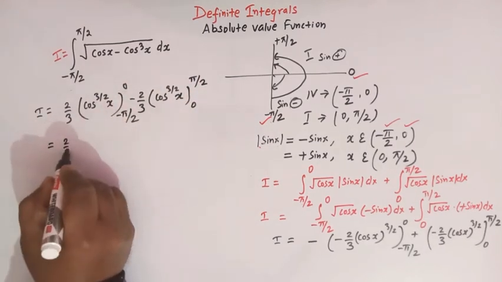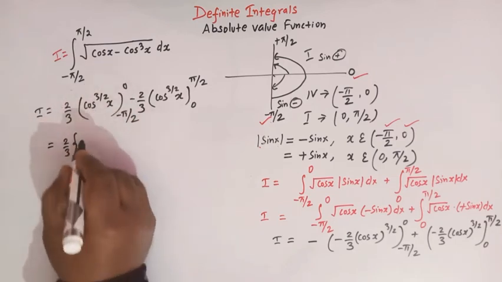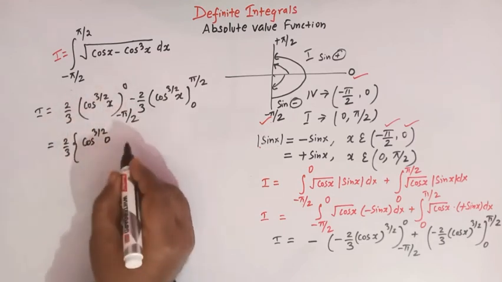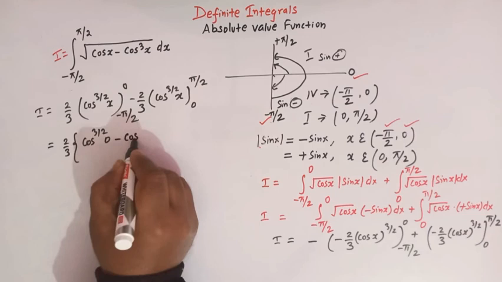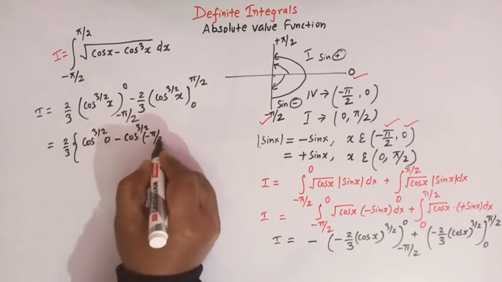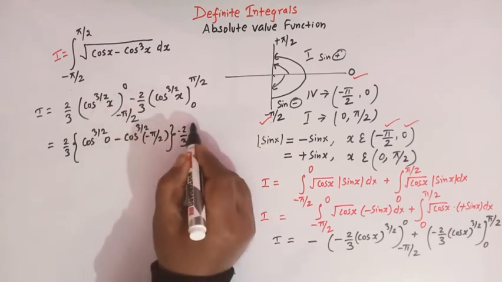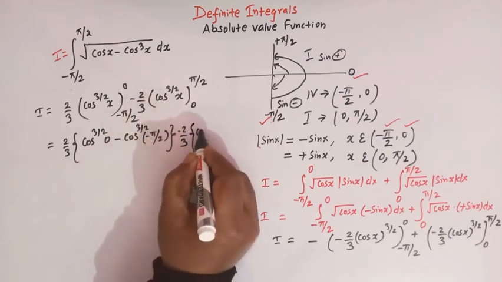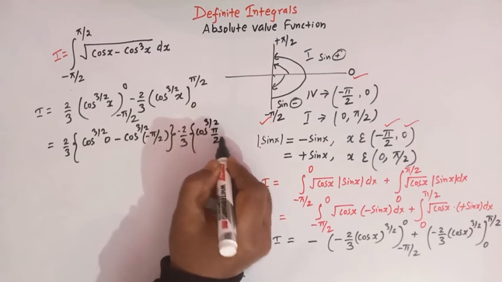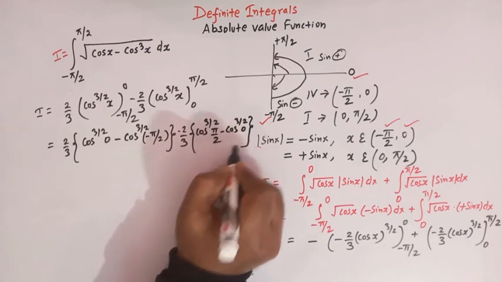So now we can simply substitute the limits, and we'll take the difference. So here we have cos 3 by 2 of 0, because x is 0, minus cos 3 by 2 of minus pi by 2, and here we have minus 2 by 3, and cos 3 by 2 of pi by 2 minus cos 3 over 2 of 0, right?